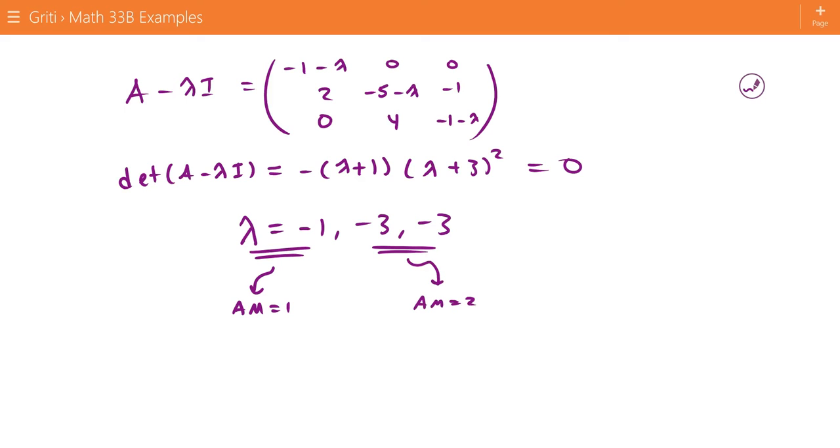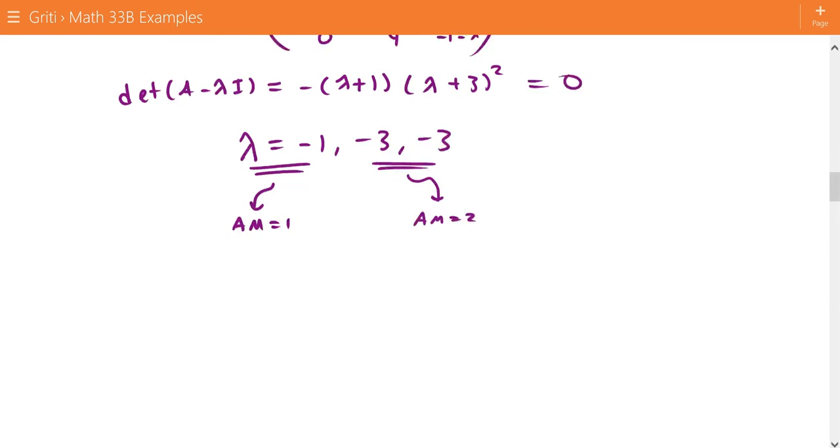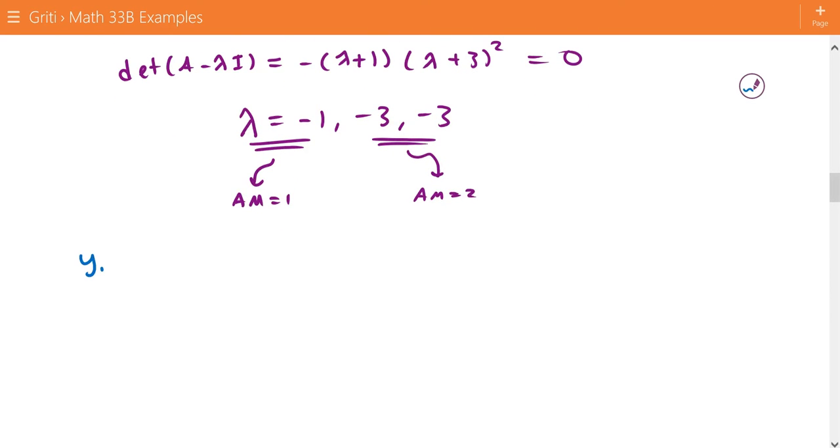So we're going to use this matrix exponential to cover both of these. We'll start with our algebraic multiplicity 1. So we know our solution y1 will equal e to the tA times v1, where v1 is going to be our associated eigenvector.